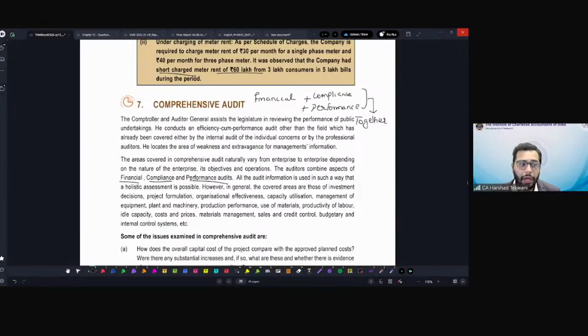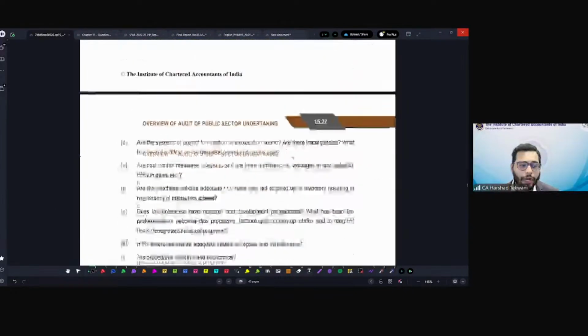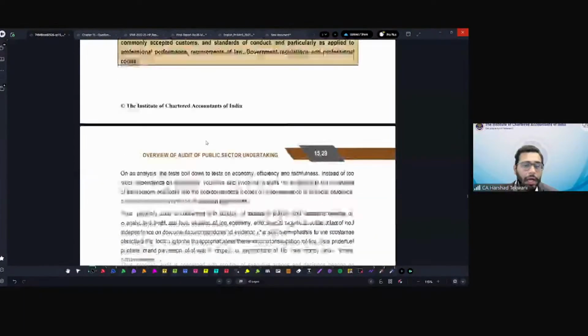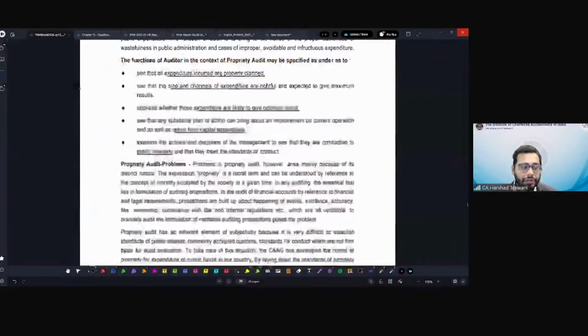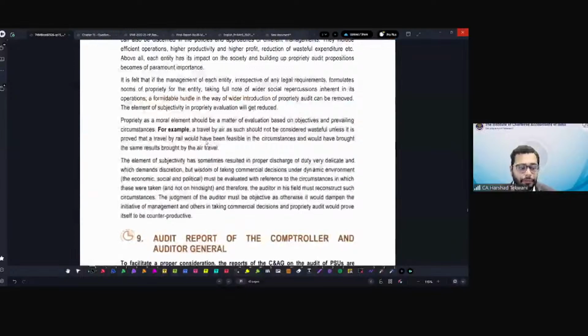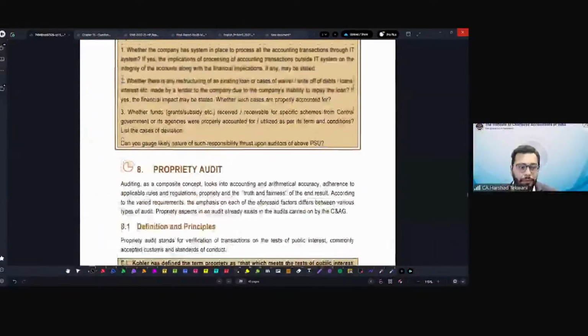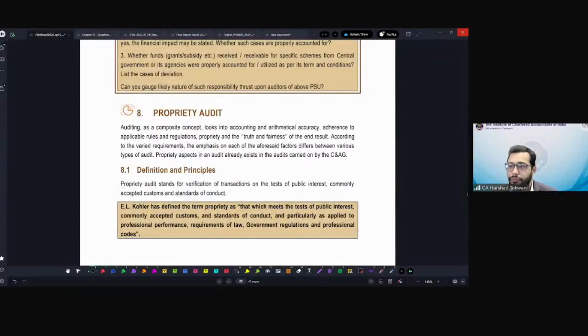Now, if you are clear with the comprehensive audit, the performance audit, and the compliance audit, the next part that I want to discuss is a very important part, that is proprietary audit. So what is proprietary audit?